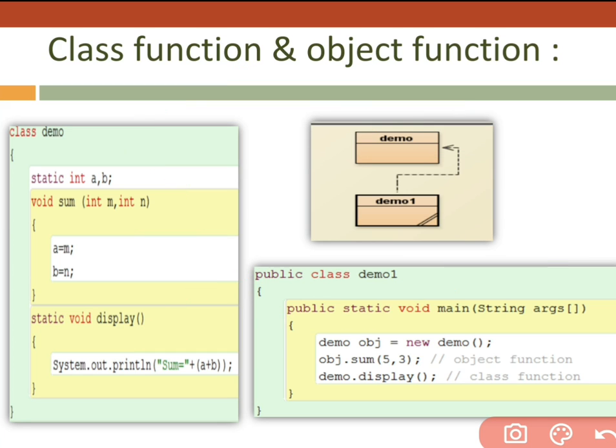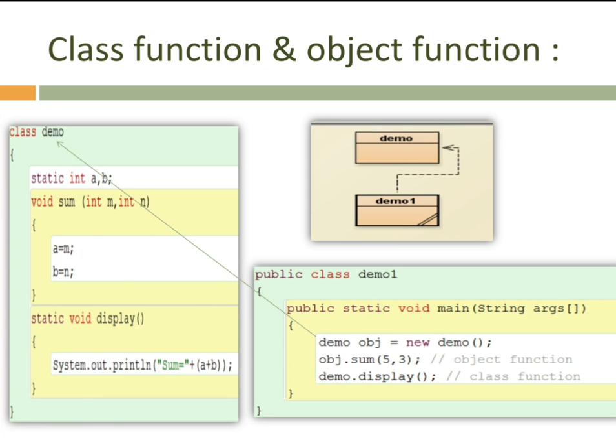Then I am accessing that class just by creating an object, and see what happened. The next function I want to touch is the non-static function, but I can touch that function only with the help of an object.